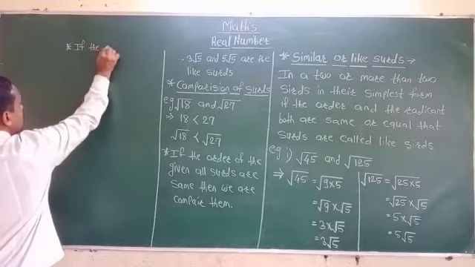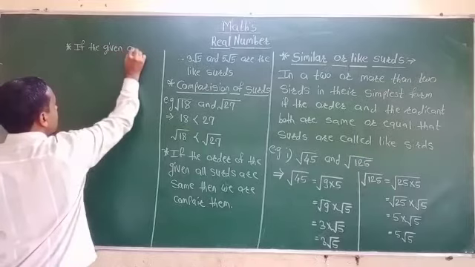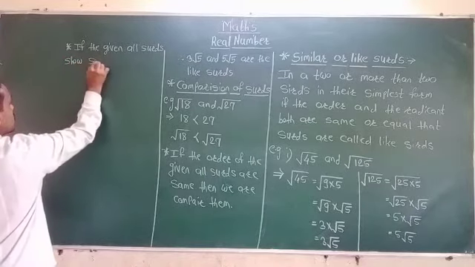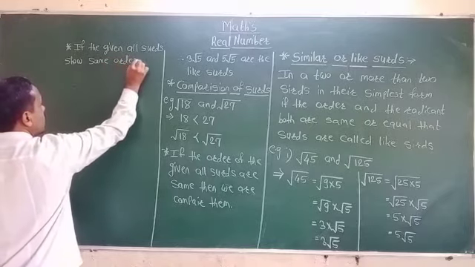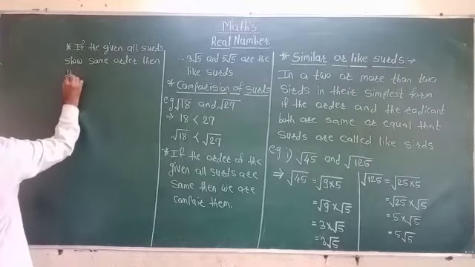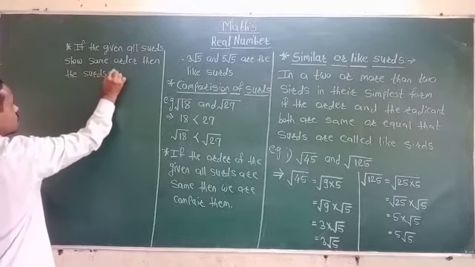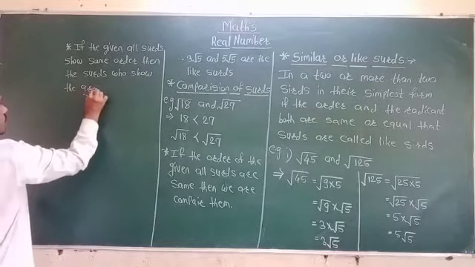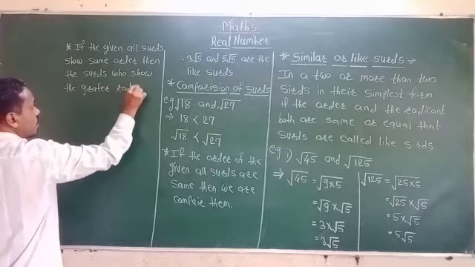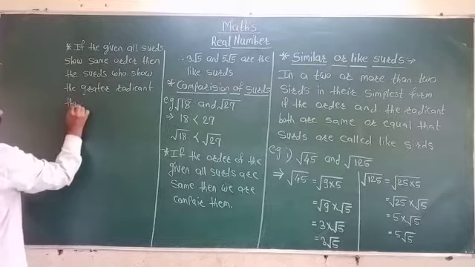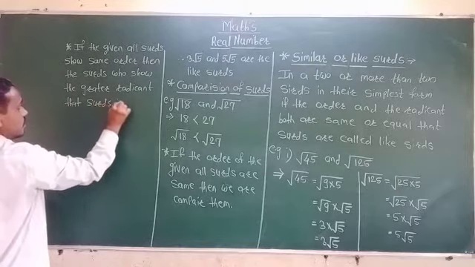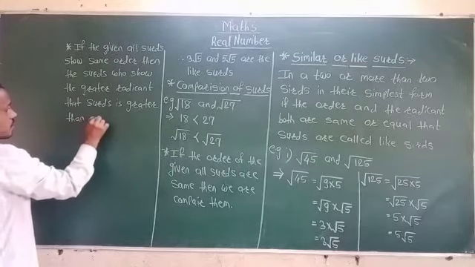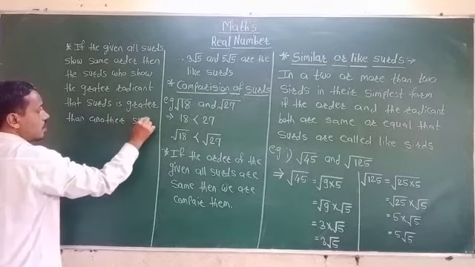If the given surds show the same order, then the surd which shows the greater radicand is greater than the other surd.